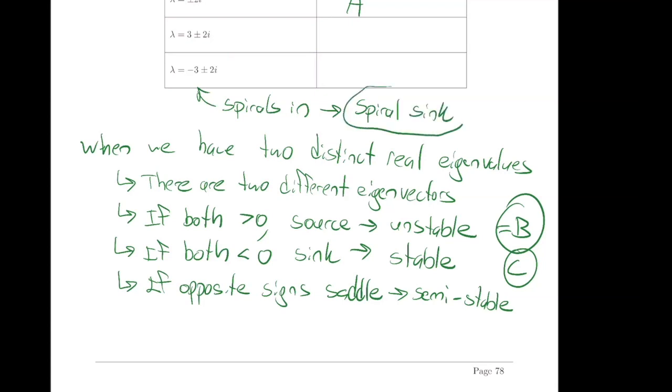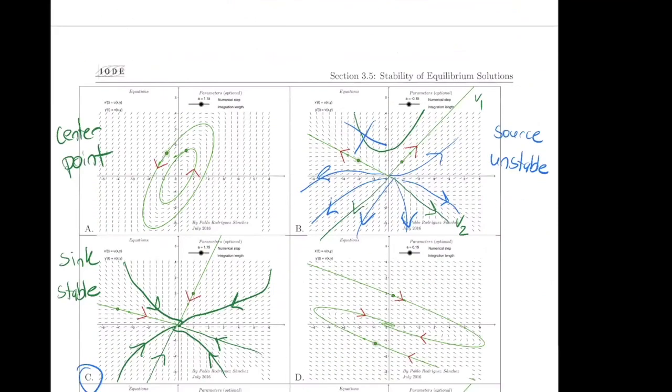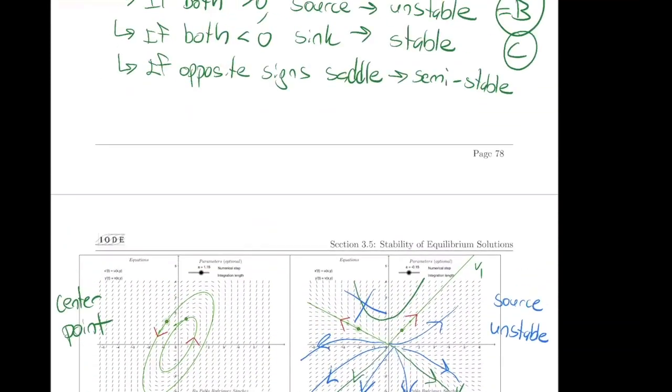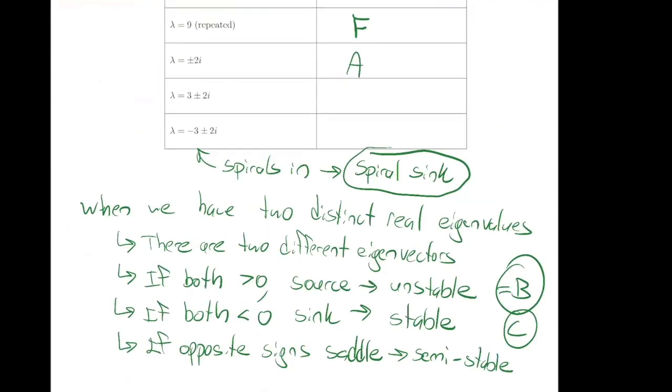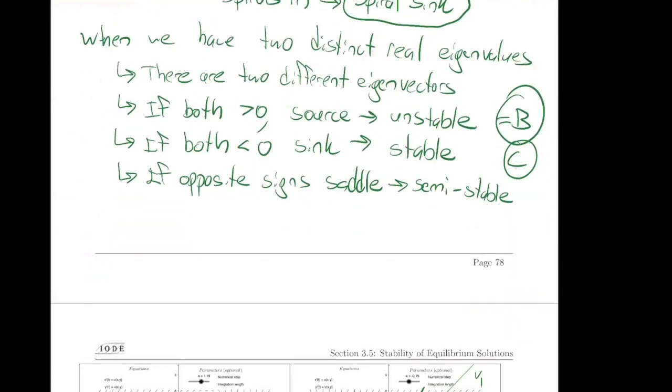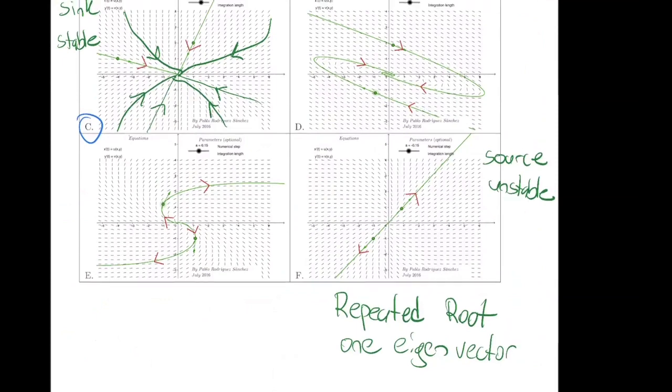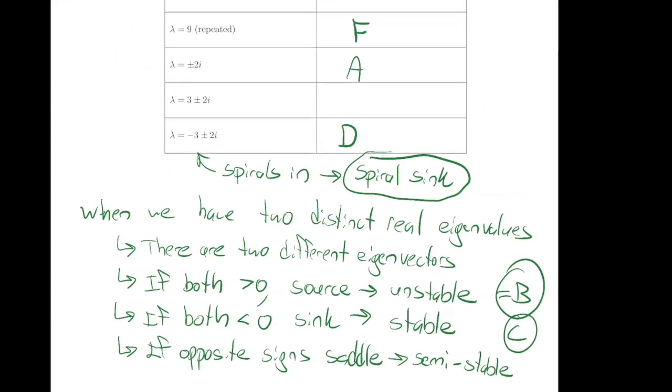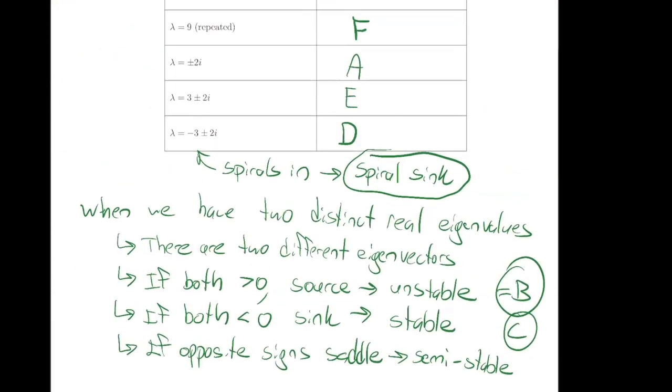So we call that a spiral sink, and that's stable. In this case, that was D. And that leaves E to be the last one. I think that's all of them.